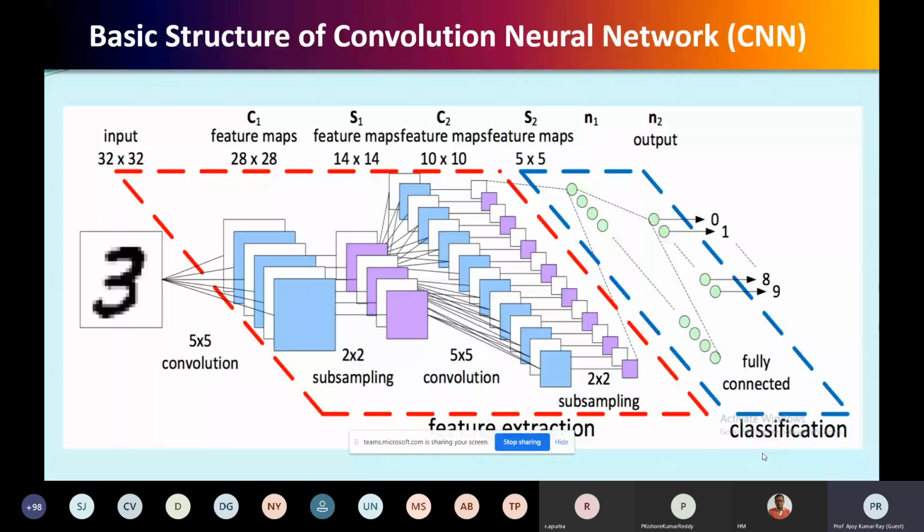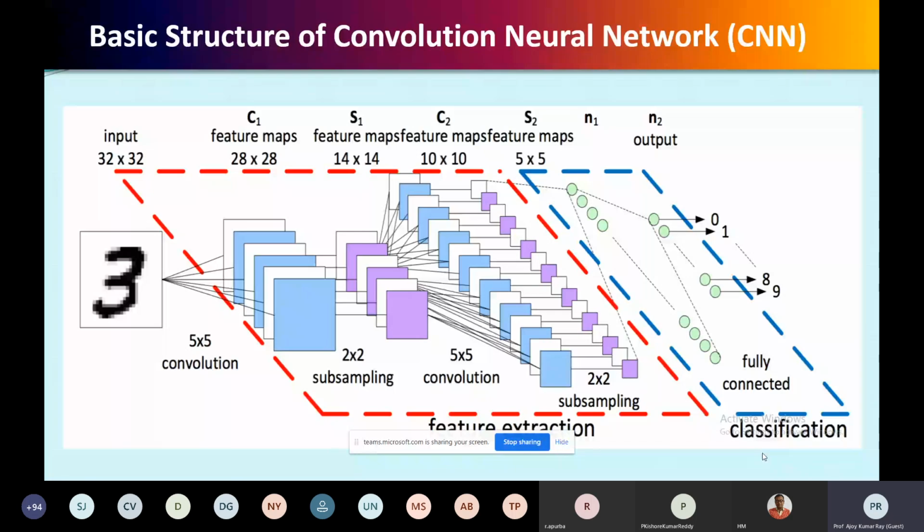And then you have to do the subsampling on a 2 by 2 sample. As I was mentioning, it would have been better if I could use the pen. So 2 by 2 subsampling, I have shown in the next slide. And then you get 14 by 14 features, because from 28 by 28, if you take 2 by 2 and make 1, that is for every 4 pixels you make 1, you finally get 14 by 14.